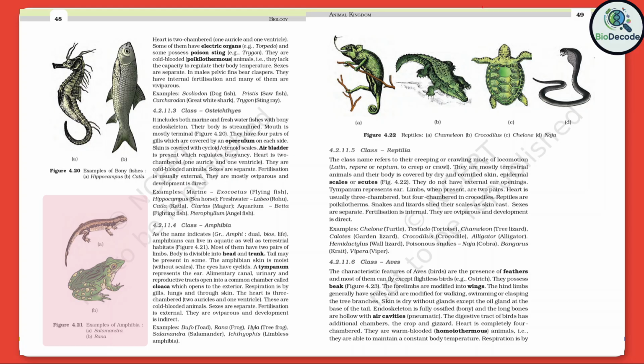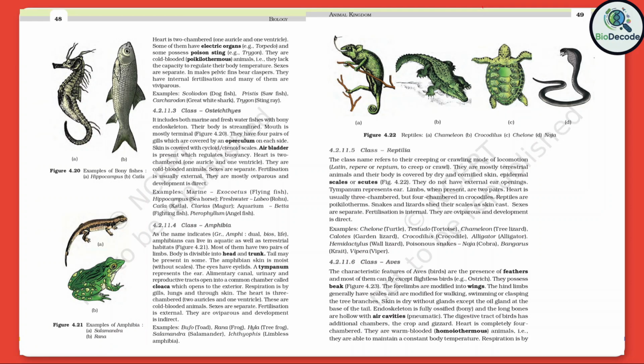Its webbed feet aid in swimming, while long hind limbs support leaping on land. The figure demonstrates how amphibians bridge aquatic and terrestrial habitats, with features such as three-chambered hearts, glandular skin for respiration, and external fertilization. Their life cycle includes metamorphosis, transitioning from gill-breathing larvae to air-breathing adults, marking a major evolutionary leap toward terrestrial life.